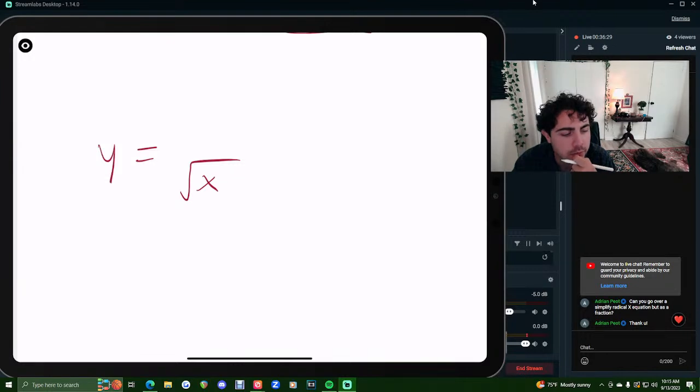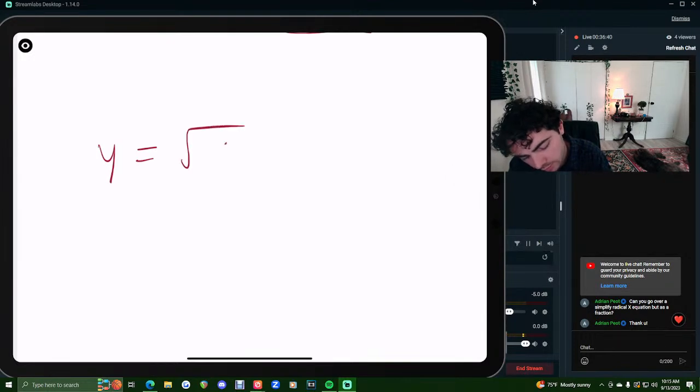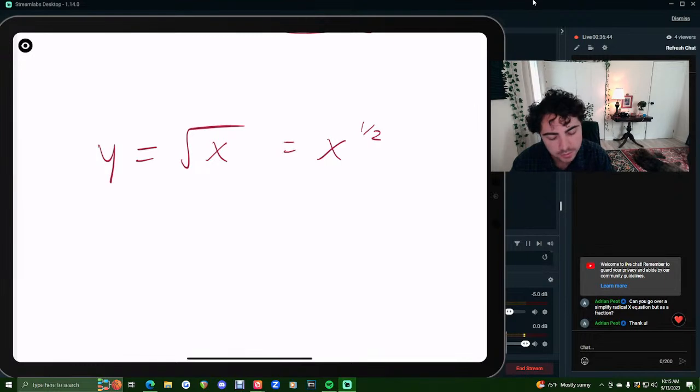Can you go over simplifying radical x but as a fraction? Maybe, I don't know if this is right, but do you mean like how you can rewrite a radical x, like square root of x, as x to the 1/2? Because that can be translated to a 1/2 like that fraction. But I feel like that's not what you're looking for.